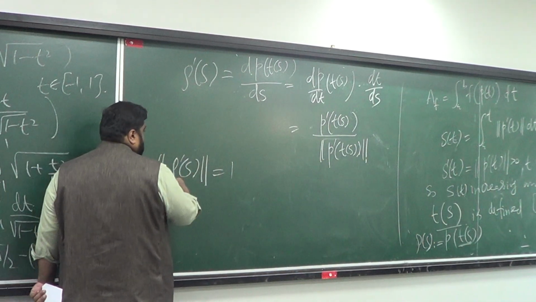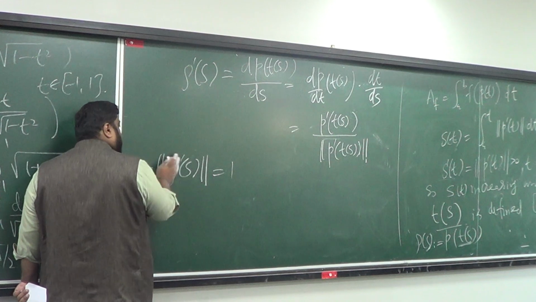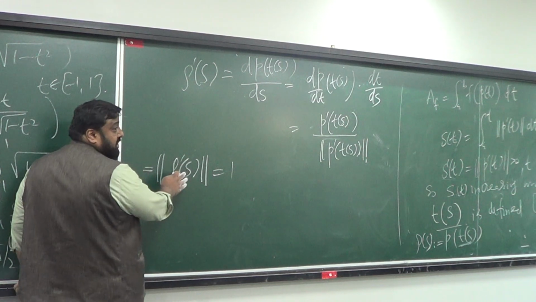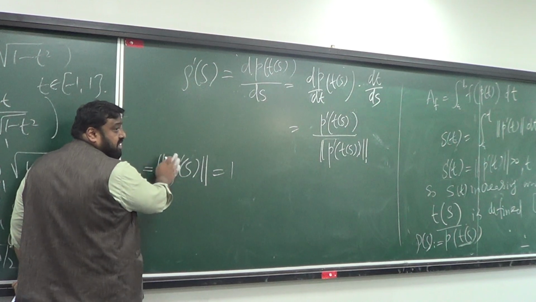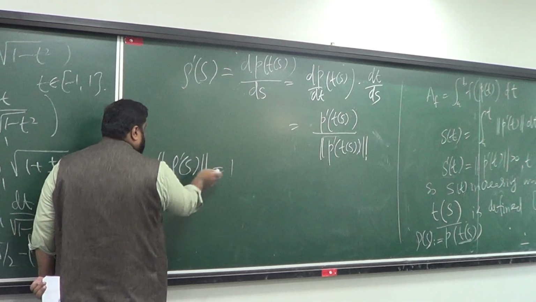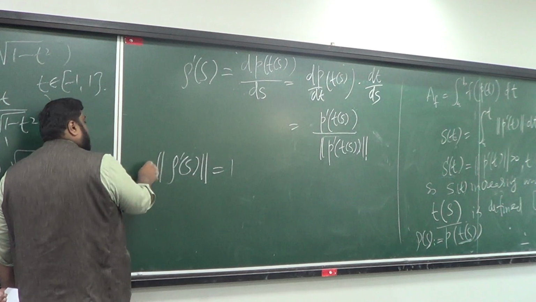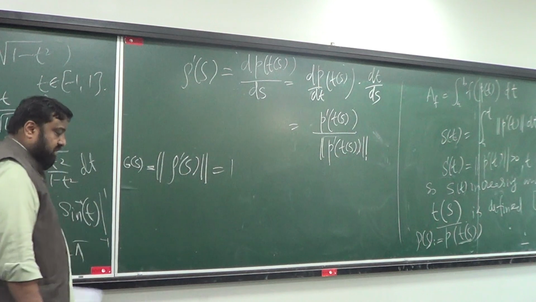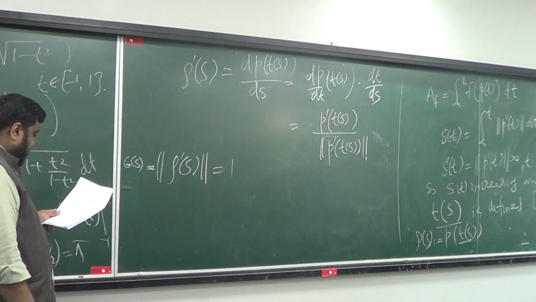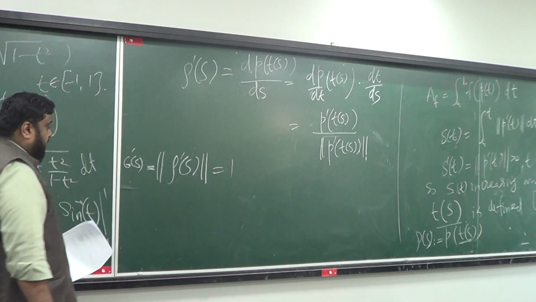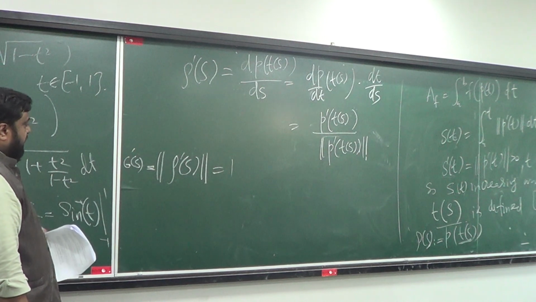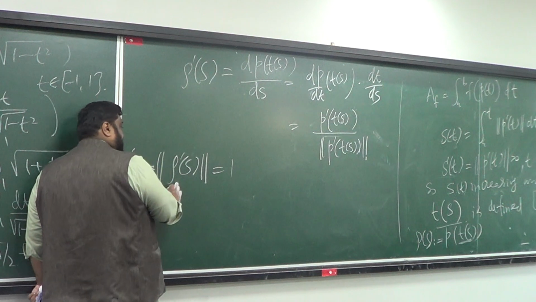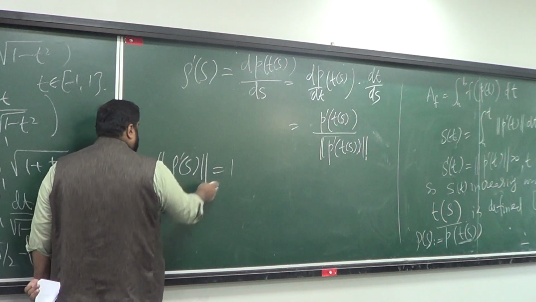this rho prime of s is a function of s. Isn't that a function of s? Yes. And I'm saying that this function of s is 1. So for the moment I'm giving this function a name, sigma prime of s, which is the magnitude of rho prime of s, and that is equal to 1.